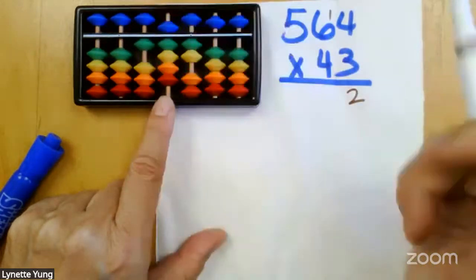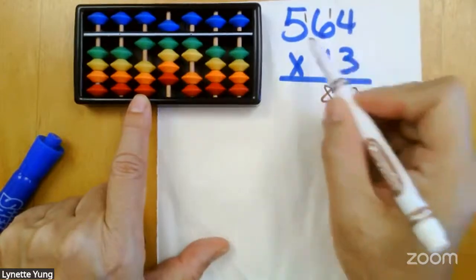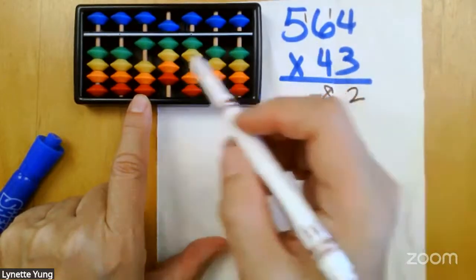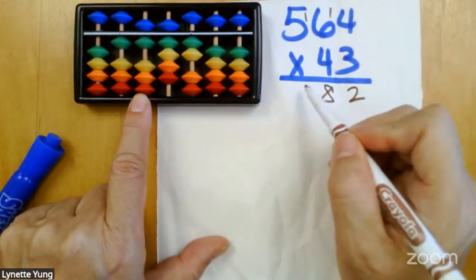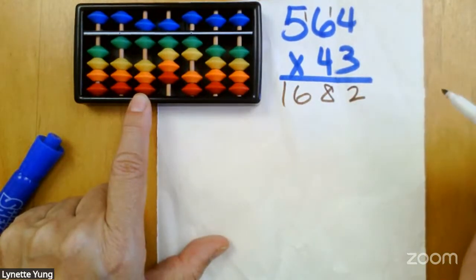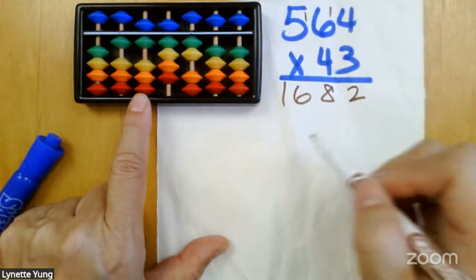Add the 8, add the 1. And then 3 times 5 is 15. Add the 5, add the 1. I'm gonna quit speaking up on how they used to do it because until you do it, then it's like, oh yeah.